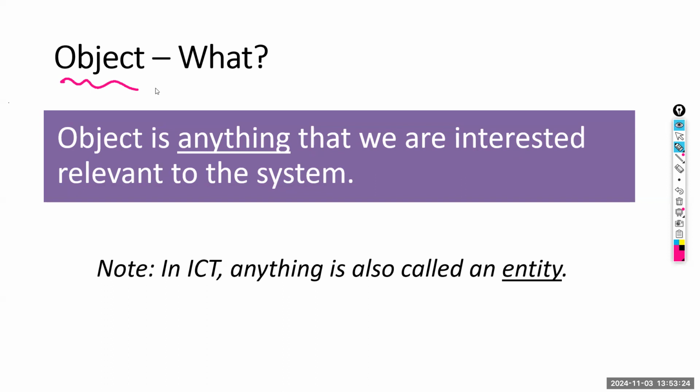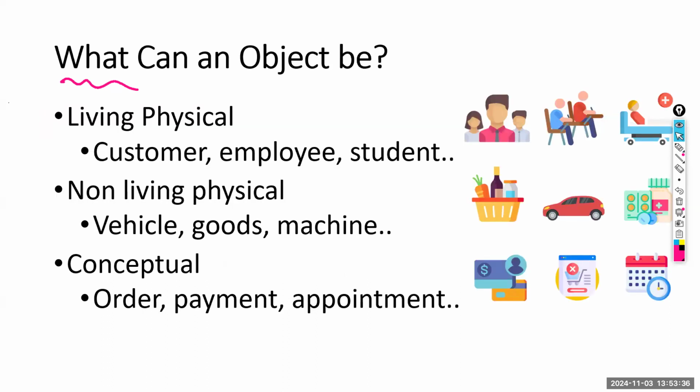So that means your object has both attributes and behaviors. And as usual, your object can be a living physical thing, a non-living physical thing like a vehicle, or a conceptual thing like order, payment, registration, reservation, and so on.